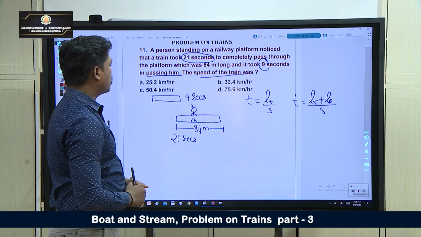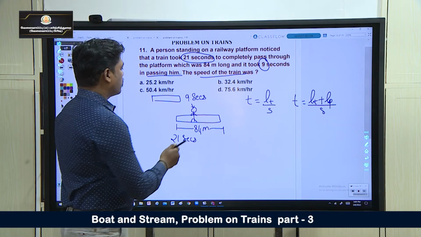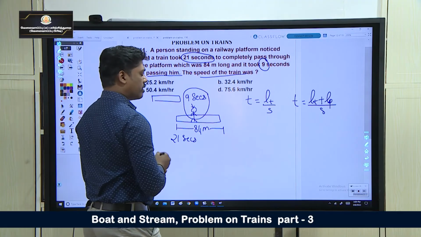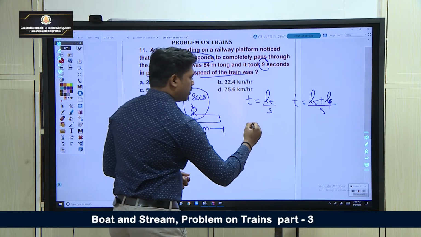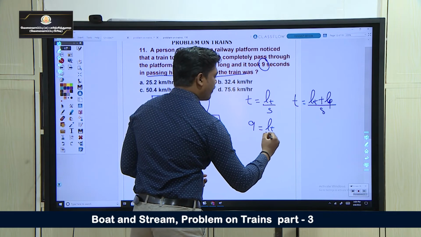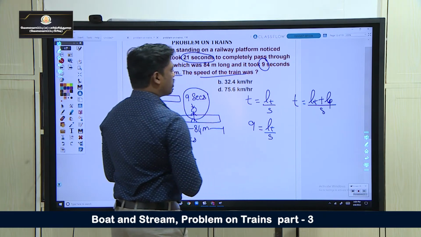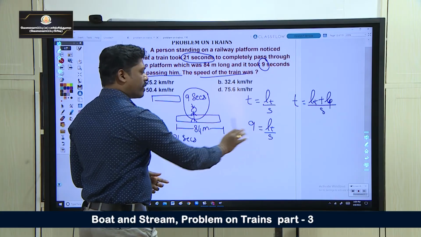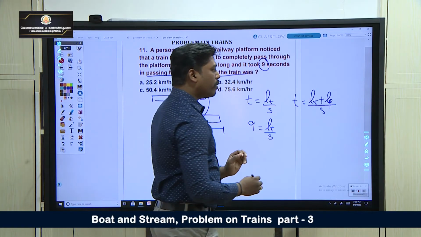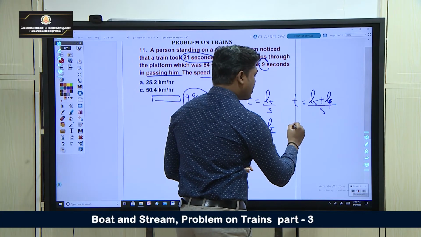So look here. To cross a man it has taken 9 seconds. So time, 9 seconds, is equal to length of train divided by speed. Here they have not given the speed or the length. Now to cross a platform it has taken 21 seconds.